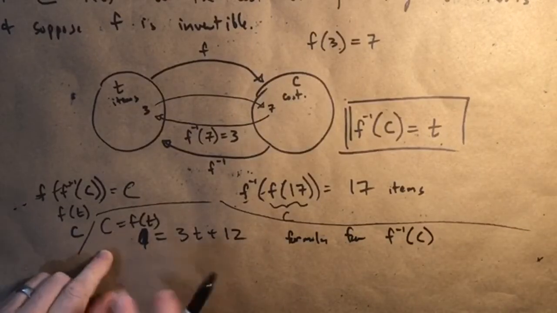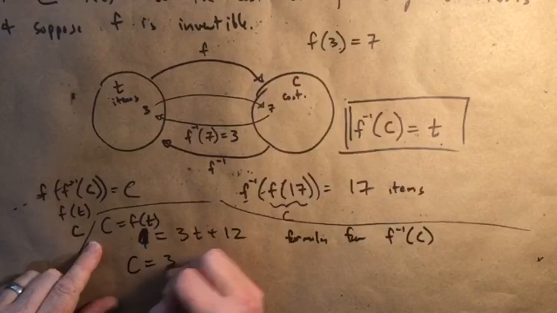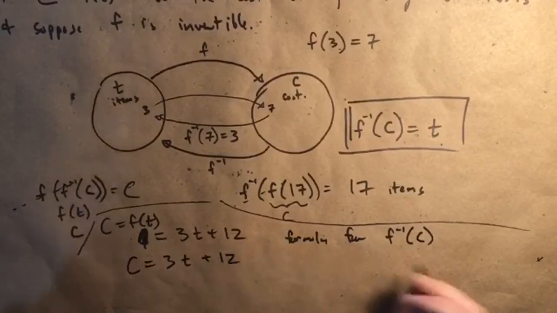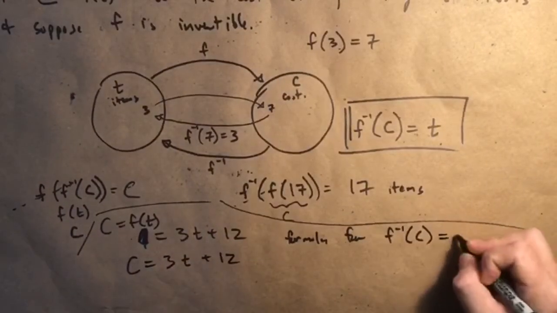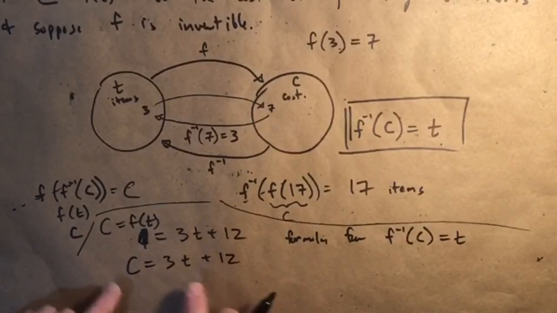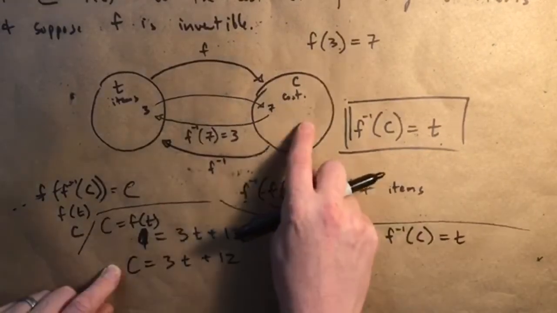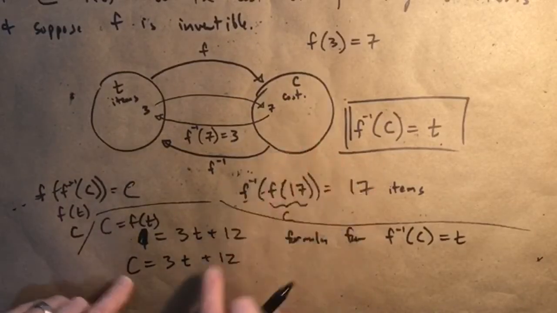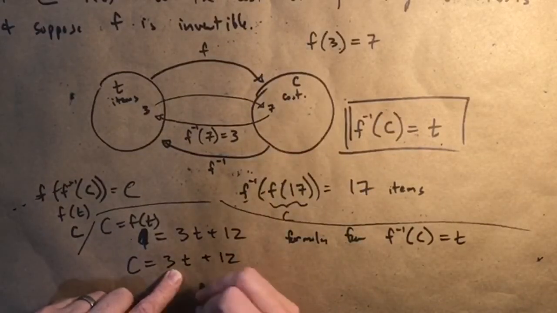So I have c equals 3t plus 12, and f inverse of c is equal to t. So what we're going to do here is make sure that I'm using my output variable, and we are going to solve for t.